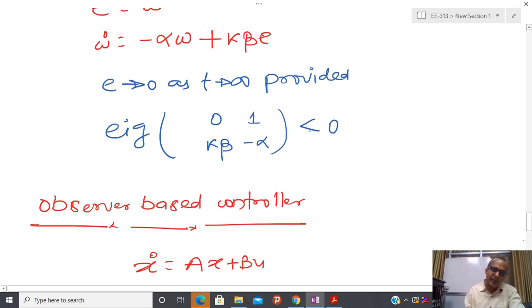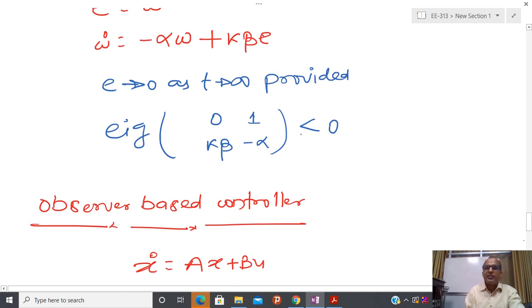Sometimes it is possible to maintain, but sometimes it is not. But that is not the case if I have information of both states. It means that this particular output feedback based control design is a little bit restrictive, or only applicable for a certain class of systems. Then what is the option?